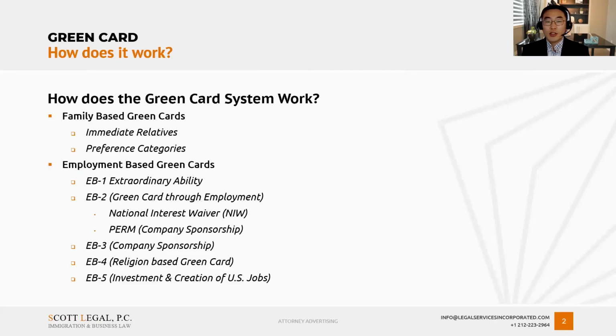Employment-based categories are broken into a total of 5 big categories from EB1 to EB5. EB1 is generally known as extraordinary ability case. EB2 is for national interest waiver and PERM case. PERM case is basically where the application process goes through the Department of Labor first before you submit the application to USCIS.